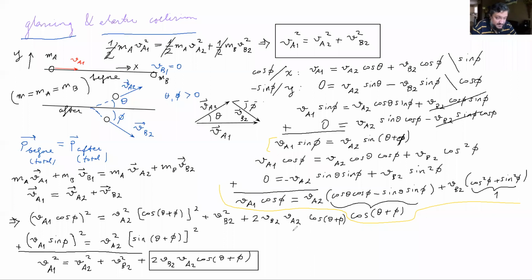Well, we know VB2 and VA2 are not 0. So what is 0? This is 0. Cosine theta plus phi is 0, which means this has to be 90 degrees.